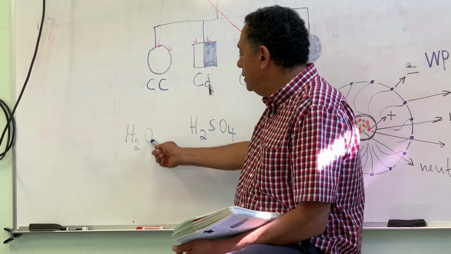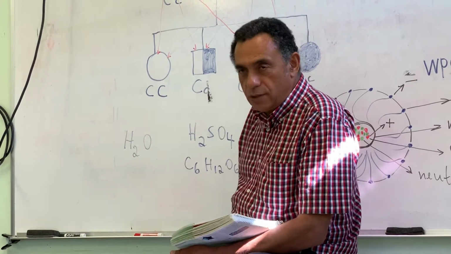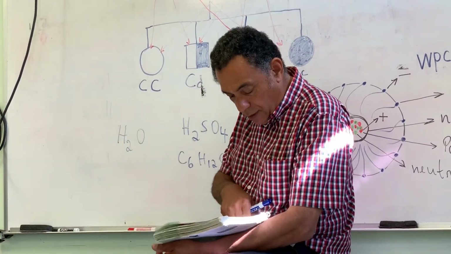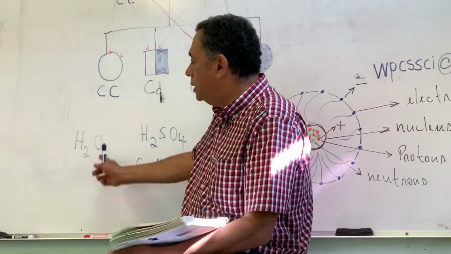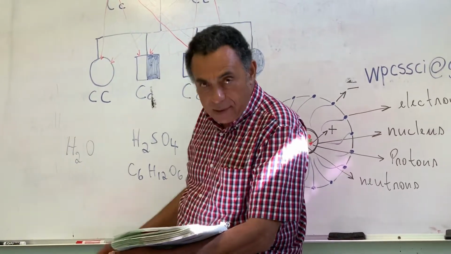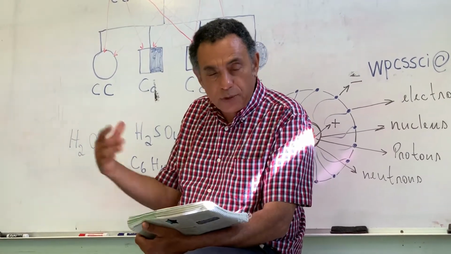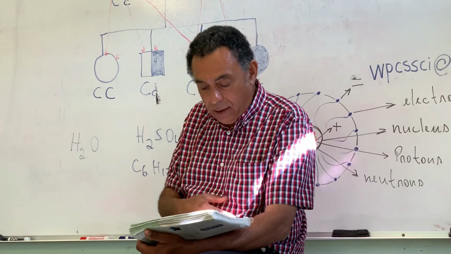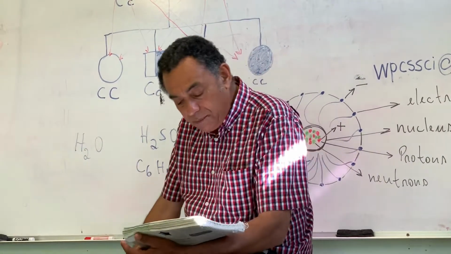When you don't have anything written, it's one. As you see in the picture, two hydrogen atoms together with one oxygen make a substance, that's water. That's chemistry: two or more elements together make another substance.